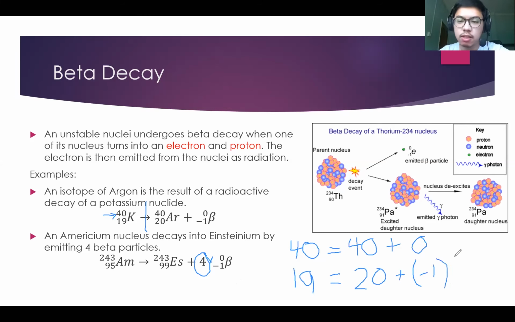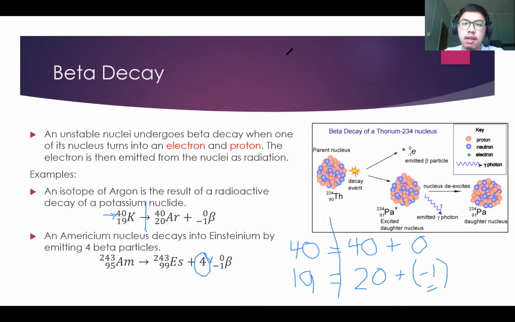That's because it's an electron, it's negatively charged. In other words, it's the opposite of a proton. So you can see here 20 minus 1 should give you 19. For a beta particle, the difference is we have a -1 in its atomic number. So 20 minus 1 gives you 19.